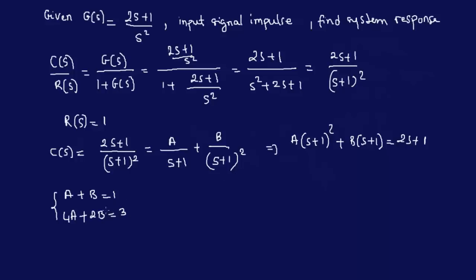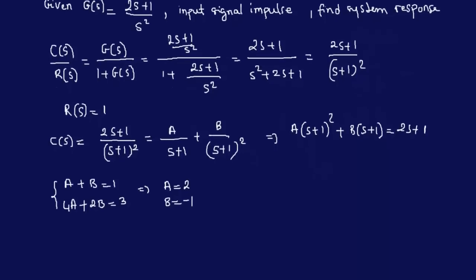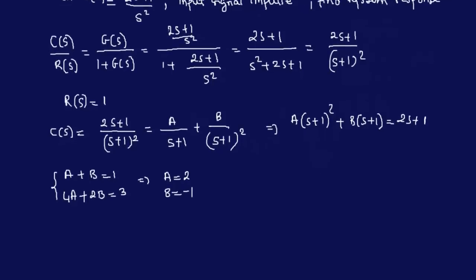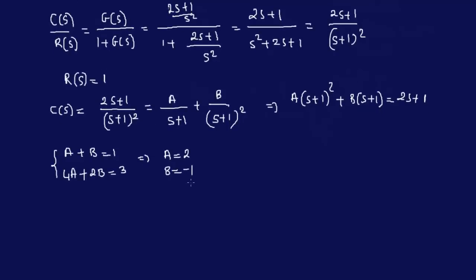At this point it's just simple math, and I can see that A is equal to 2 and B is equal to minus 1. You can double check me on that if it's not true, but I feel like it is. Yeah, okay.